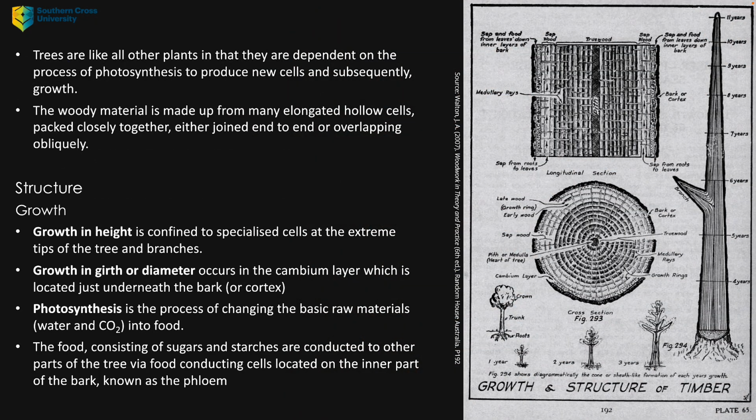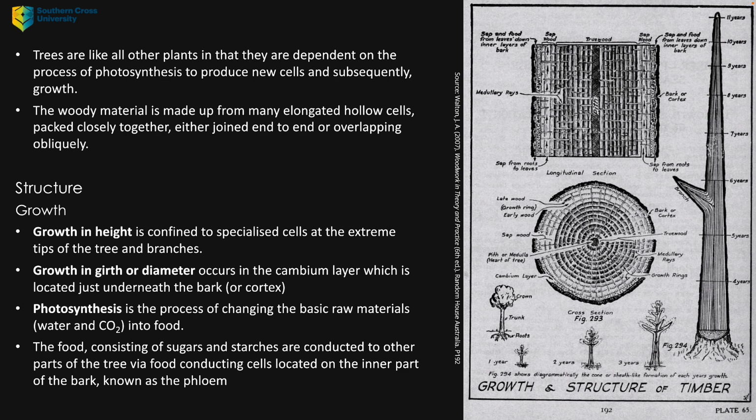And trees are like all other plants in that they are dependent on the process of photosynthesis to produce new cells and subsequently growth. And this is where we need to get into some fine details. So we've just mentioned photosynthesis, which we'll talk about a little bit more. And we've also mentioned this concept of cells.